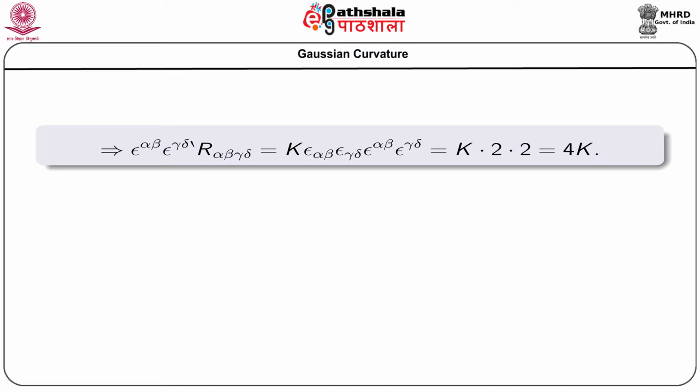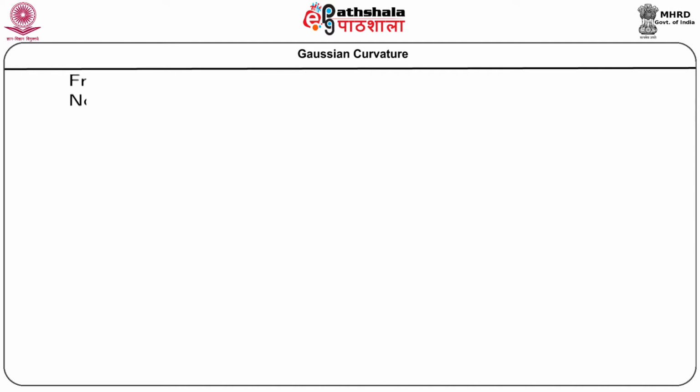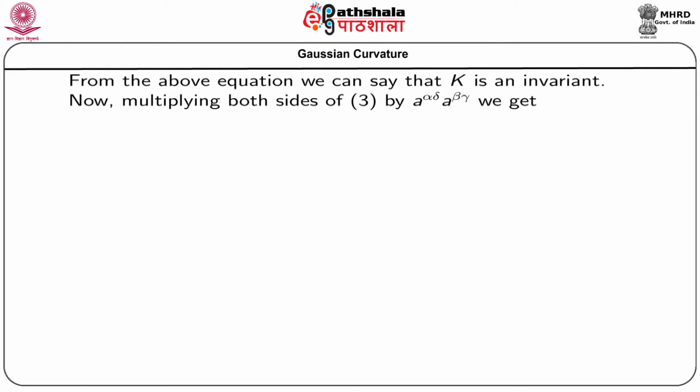Therefore, we have K equals 1/4 of epsilon alpha beta epsilon gamma delta R' alpha beta gamma delta. Now, from the above equation we can say that K is an invariant.